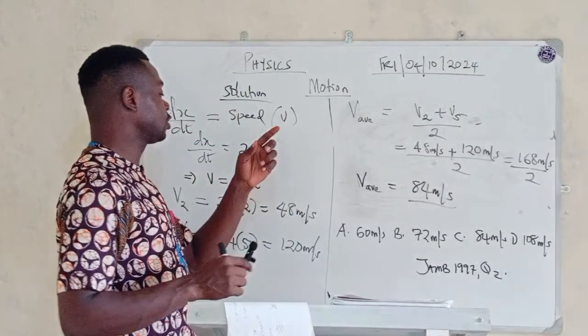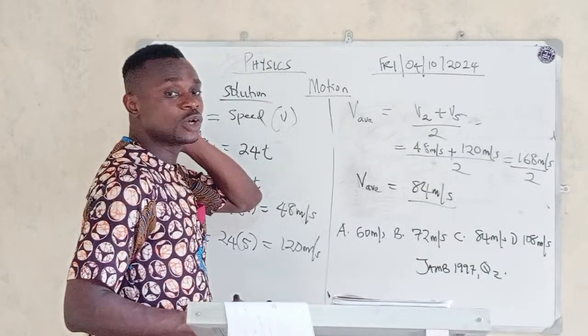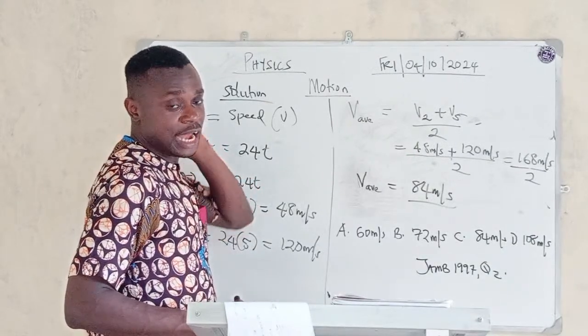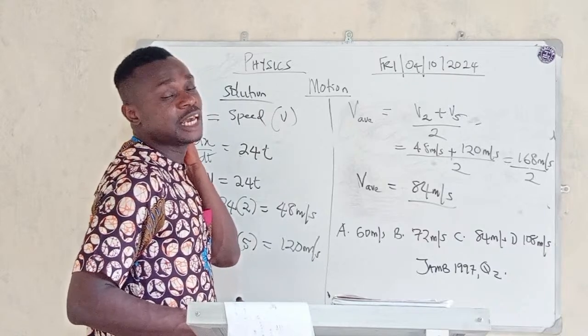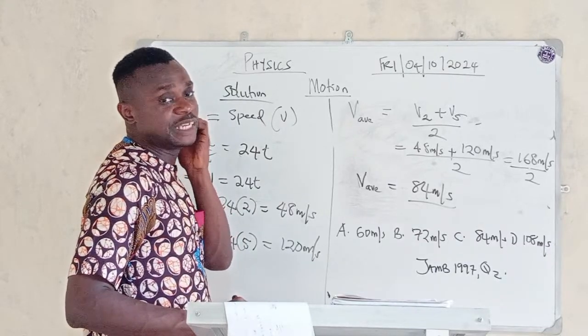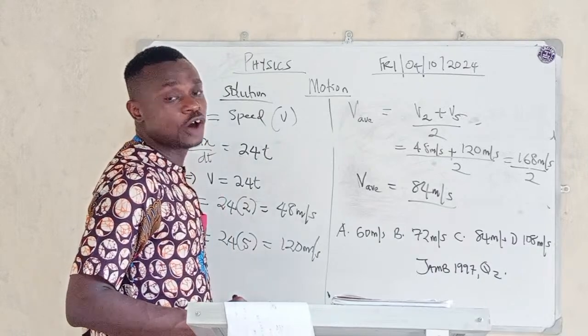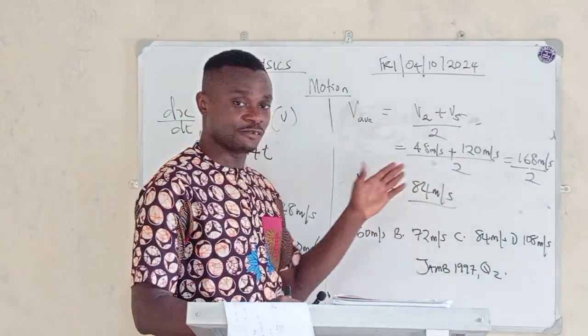Remember what we did. First of all, we differentiated the equation that said x is equal to 10 plus 12t squared. Having differentiated, the speed is equal to 24t. So we start substituting the values of t.